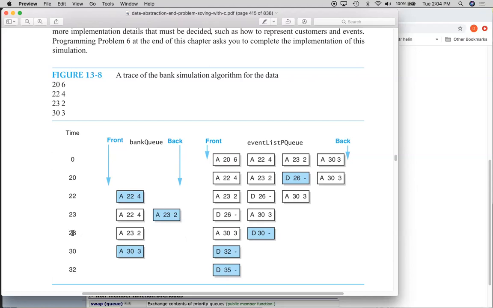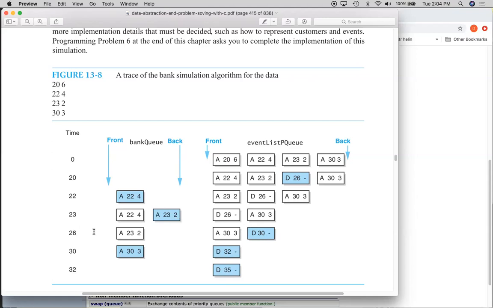And then now we're kind of doing two things at the same time here. So that's what we do with the arrival at time 30 event. But we're also going to process the departure at time 30 event.